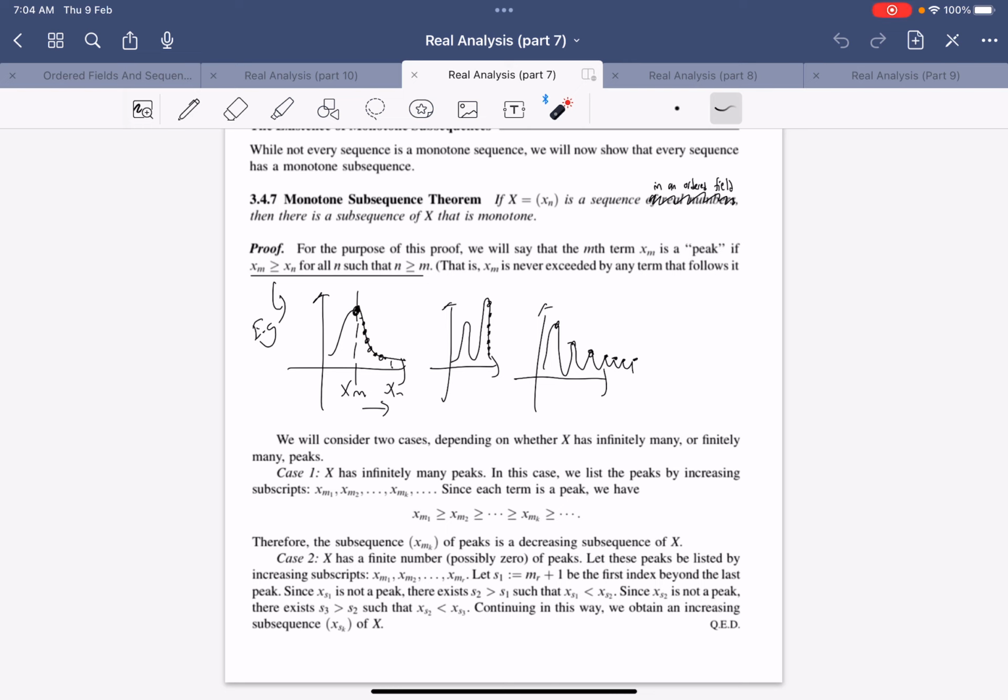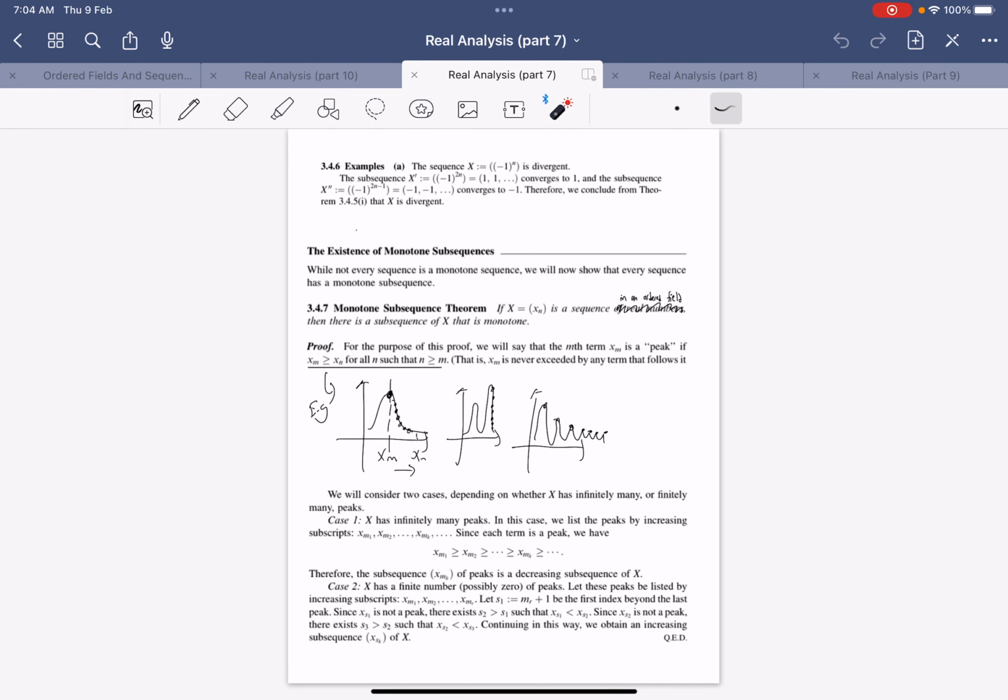If you have finitely many, for example a peak over here, it is a bit hard to draw, but the idea is that because you only have finitely many points that are greater than every other point, you can always pick an infinite number of elements below these peaks, and they will increase towards them. So then you obtain a subsequence.